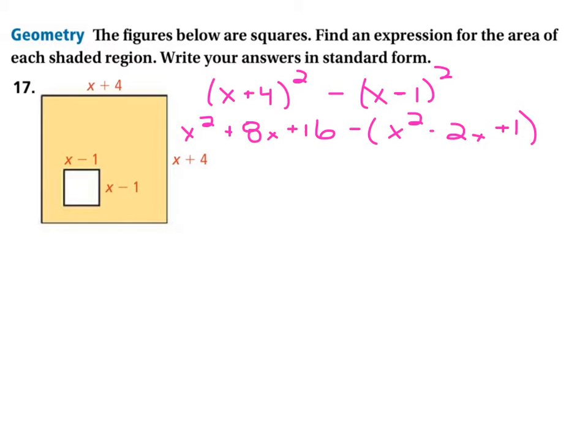Okay? Now, in order to subtract this away, what we really want to do is change the sign of everything inside the parentheses and then add it all together. So I'm going to keep this x squared plus 8x plus 16.